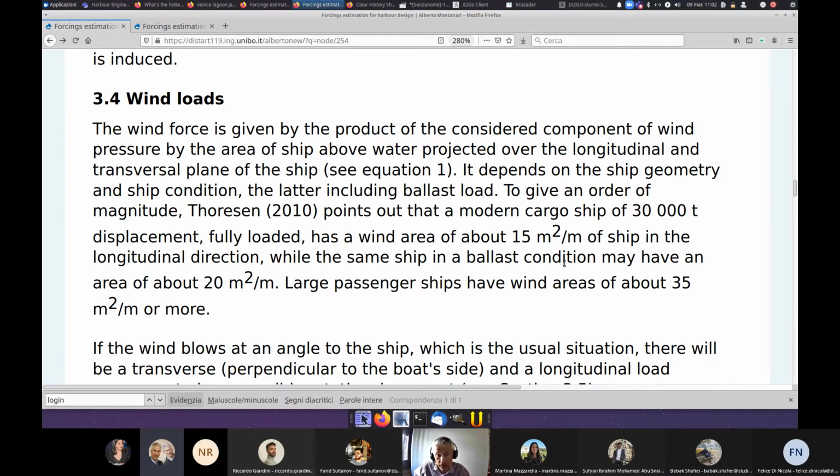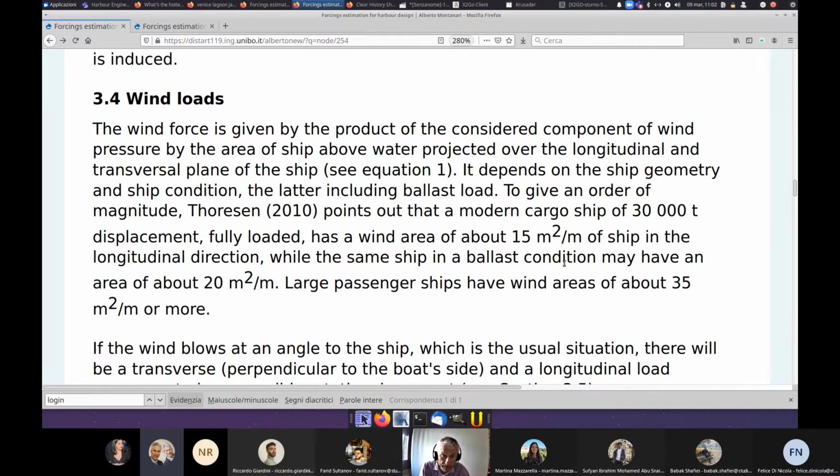If it is fully loaded, with a total displacement of 30,000 tons, it has a wind area of about, and this is an order of magnitude, 15 square meters per meter of ship length in the longitudinal direction.